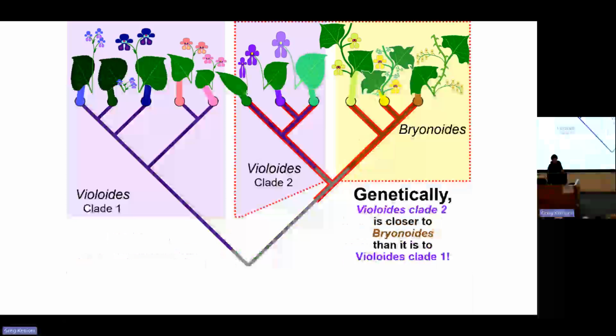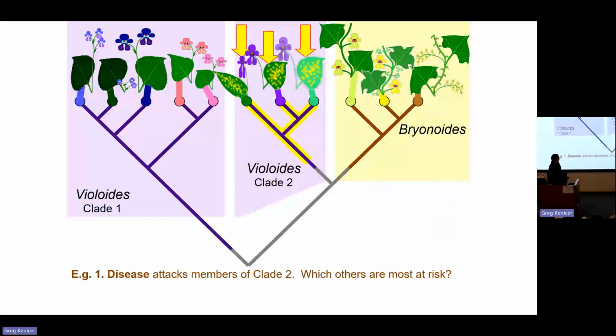What do we do about it? Well, first of all, does this matter? Is it at all important that that is more closely related to that? I'll give you 2 reasons why it might be. So first of all, if we start to get a new emerging disease and it's attacking these ones, you want to think, well, which is it going to attack next?